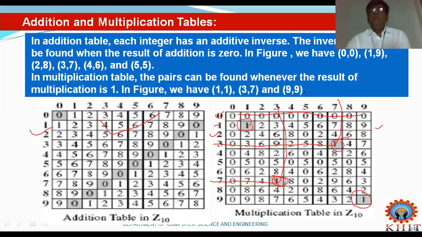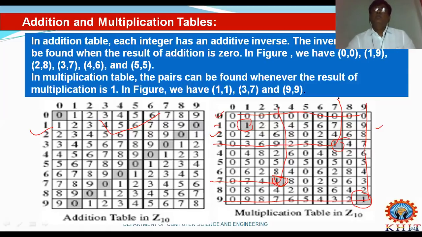That means 7 into 3 or 3 into 7, both are the same. So 21, its modulo division is 1. The last one, 9 into 9, its multiplication is 81. 81 modulo 10, its value is 1. So we have 4 pairs: 1, 1; 3, 7; 7, 3; and 9, 9. 3, 7 and 7, 3 are the same numbers. That's why we have only 3 distinct pairs.